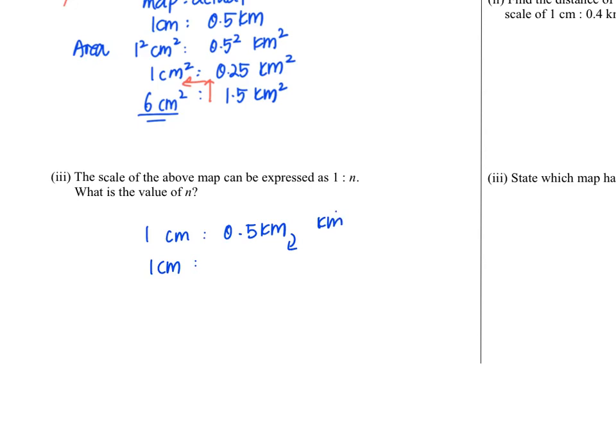So kilometer to meter and meters to cm. I need to multiply by 100,000. That gives me 50,000 cm. Now since both the units are the same, and this is 1 over here, we just drop the units and the ratio will be 1:50,000.